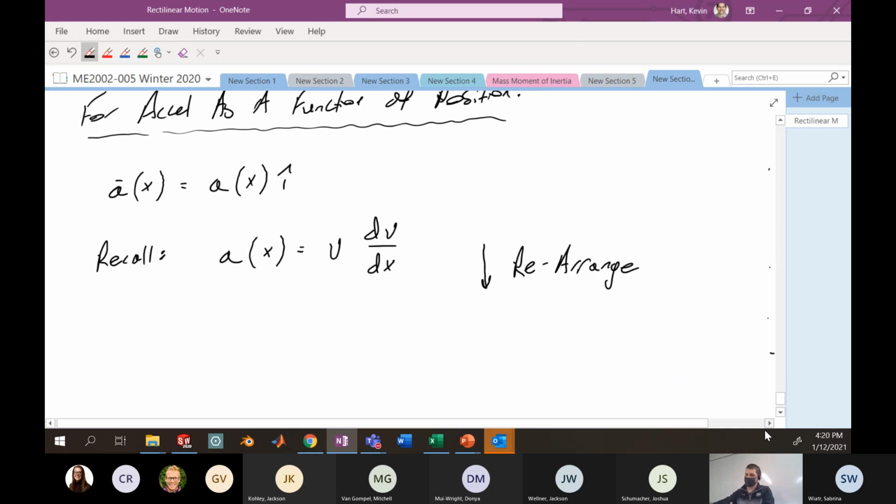Let's rearrange this. We'll bring all the velocity terms on one side and all the acceleration and position terms on the other. So we'll notice here we just have basically position on this left-hand side, and we have velocity on the right-hand side. So we can integrate now.